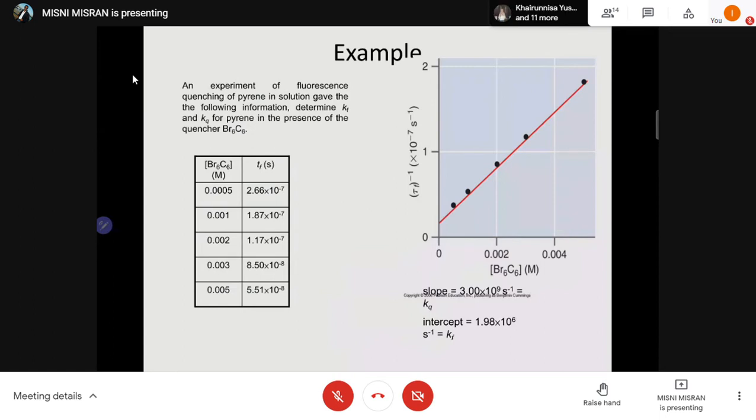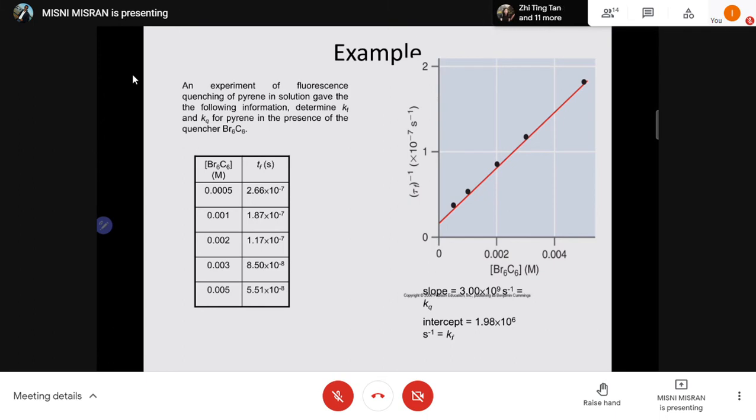How many of you have tried this example? Quiet, how many of you? So an experimental fluorescent quenching of pyrene in solution gave the following information: determine Kf and Kq for pyrene in the presence of the quencher.